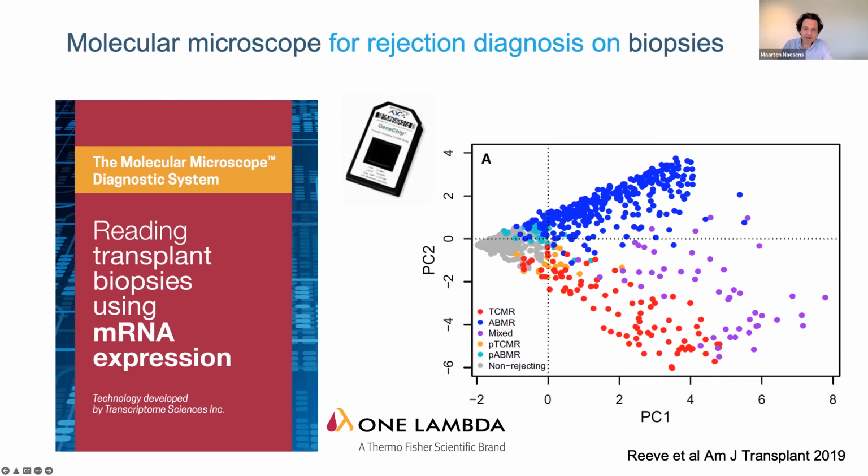Again, showing T-cell mediated rejection, antibody mediated rejection, mixed type of rejection, absence of rejection on types of plots I illustrated previously, but without a good idea of the severity of rejection, but still a quite powerful algorithm that enables you to discriminate the different types of rejection, not based on the morphology, histological evaluation, but based on the molecular expression of kidney transplant biopsies.